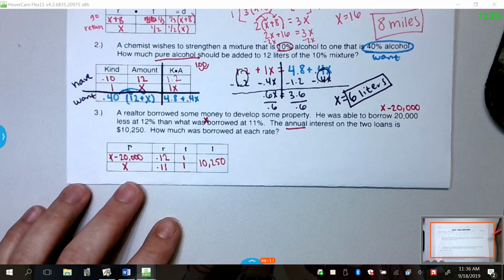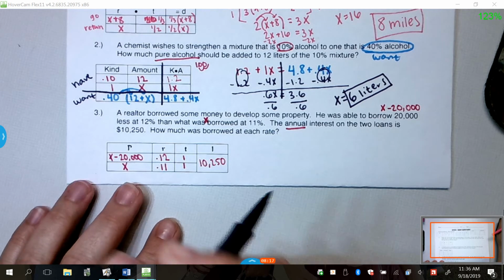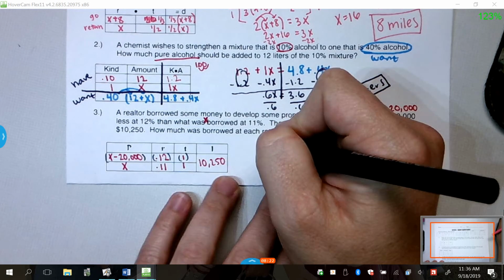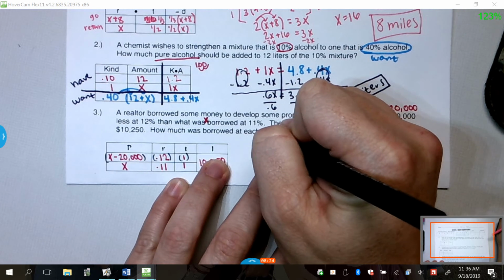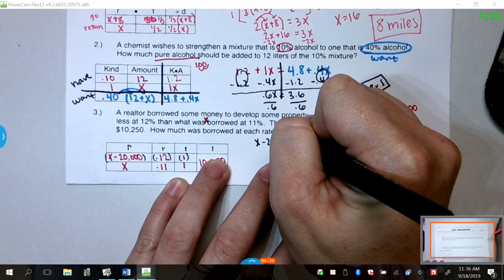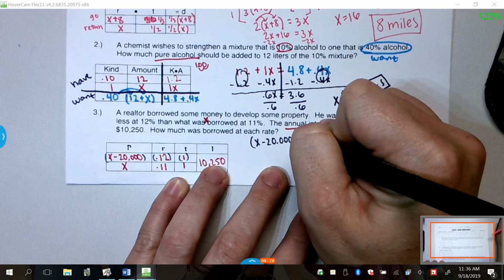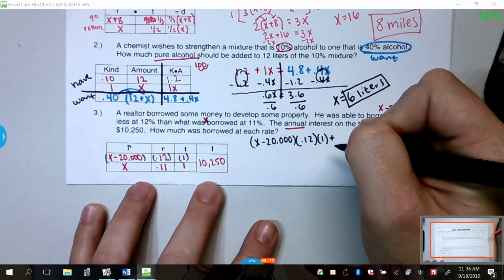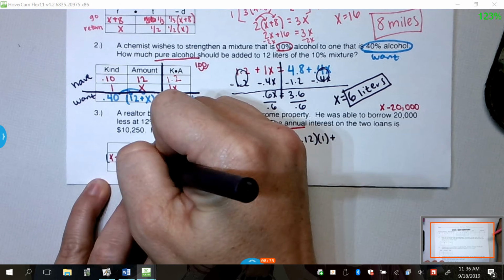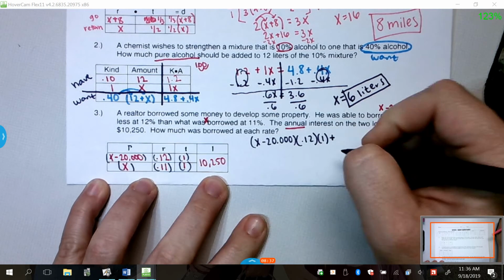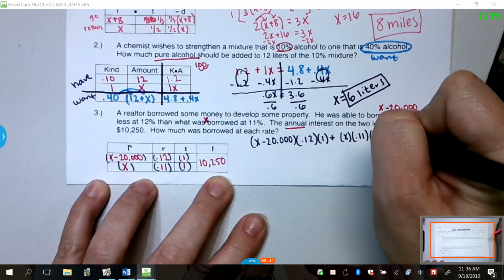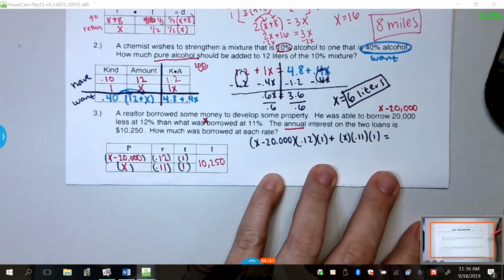Knowing that, we're going to set up this equation by multiplying. So I want you to remember, you're multiplying the top row, adding that to multiplying the bottom row, and that's equal to our interest.